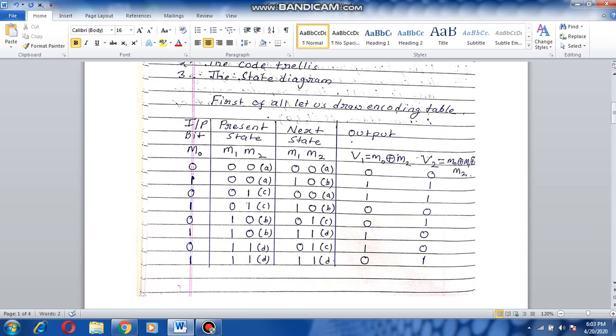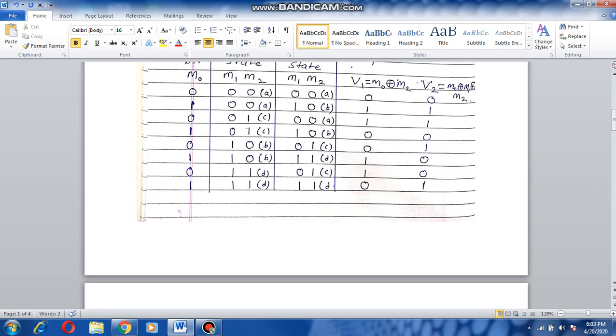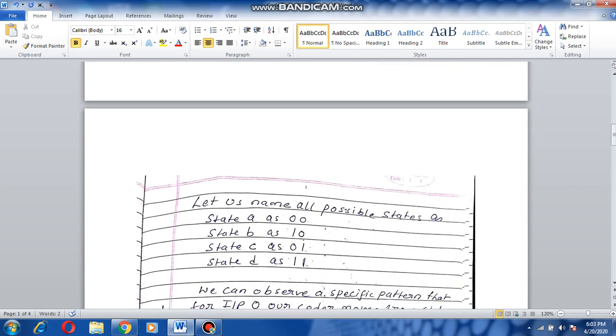Present state is nothing but all the possible combinations, and next state is the bit combination that takes place after one bit shift after entering of the input bit.